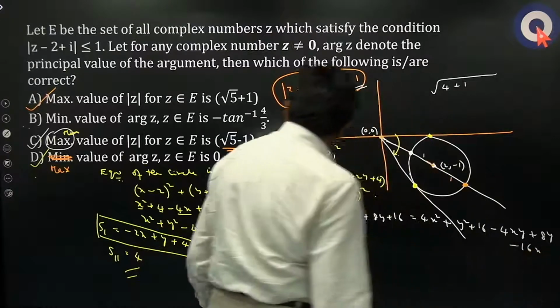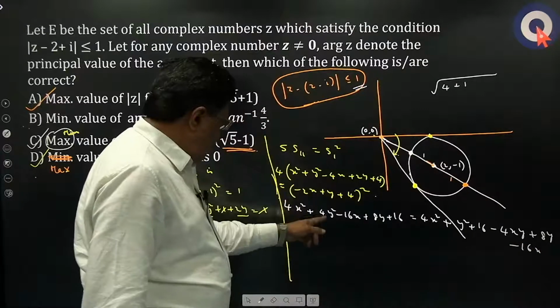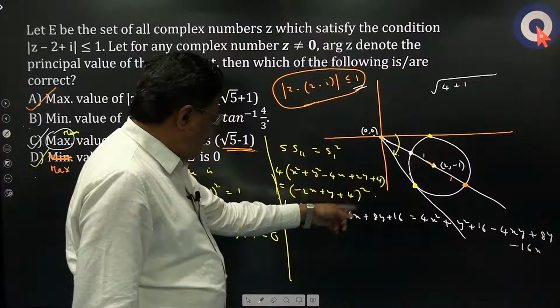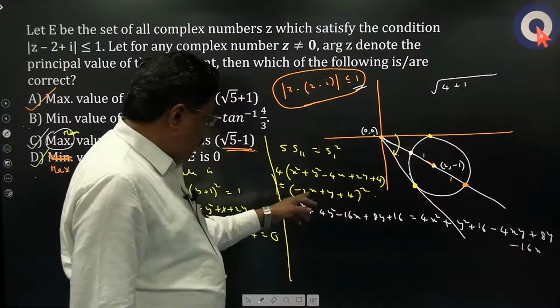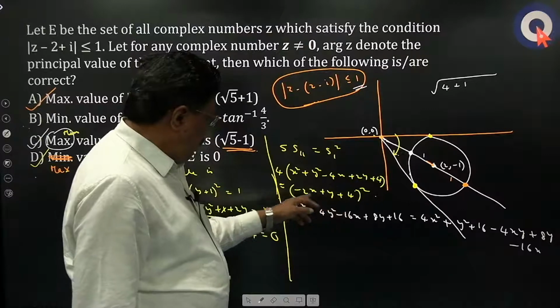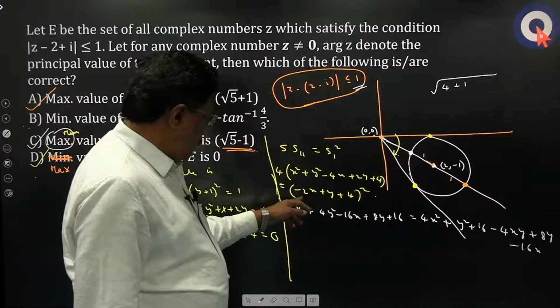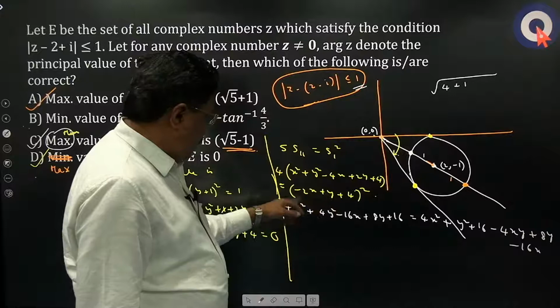Let me check once. So I have 4x square plus 4y square minus 16x plus 8y plus 16 is equal to 4x square plus y square plus 16 minus 4xy plus 8y minus 16x.